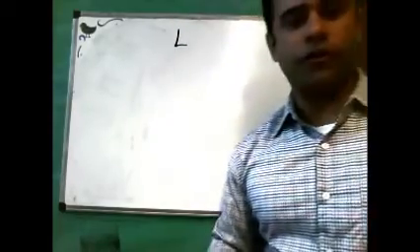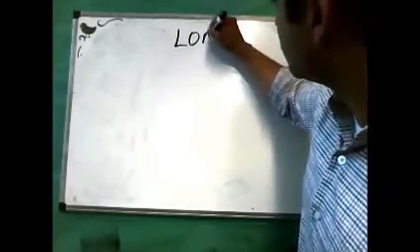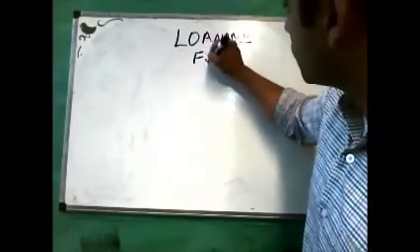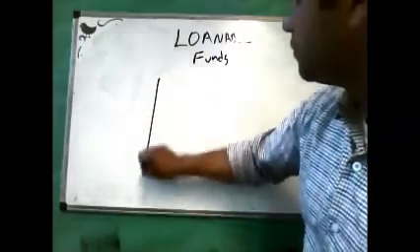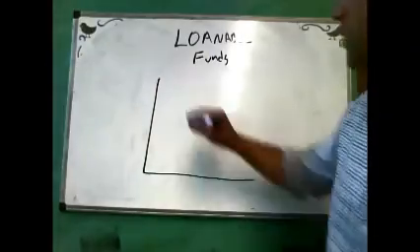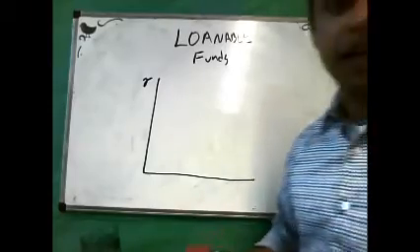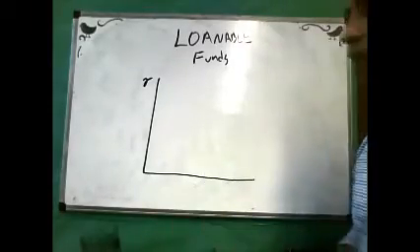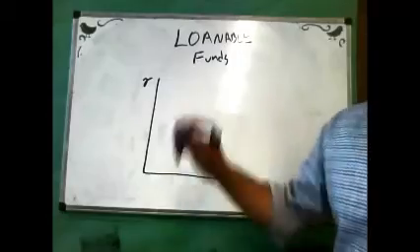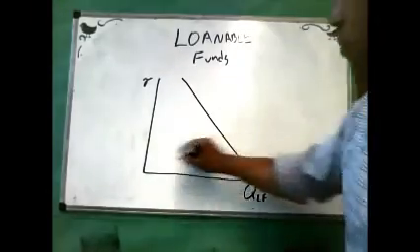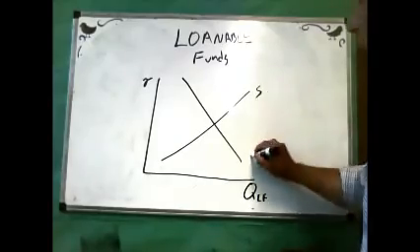The loanable funds graph looks like this. It's called loanable funds, positive quadrant. This is real interest rates. We want to keep that straight, not nominal. Nominal interest rates are on the money market graph. Loanable funds graph is real interest rates. You have the quantity of loanable funds, and this one is a typical X, supply and demand.